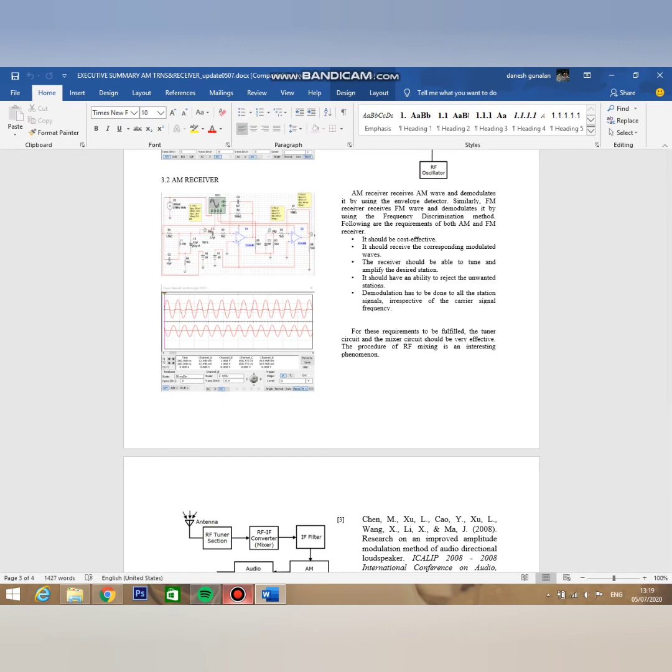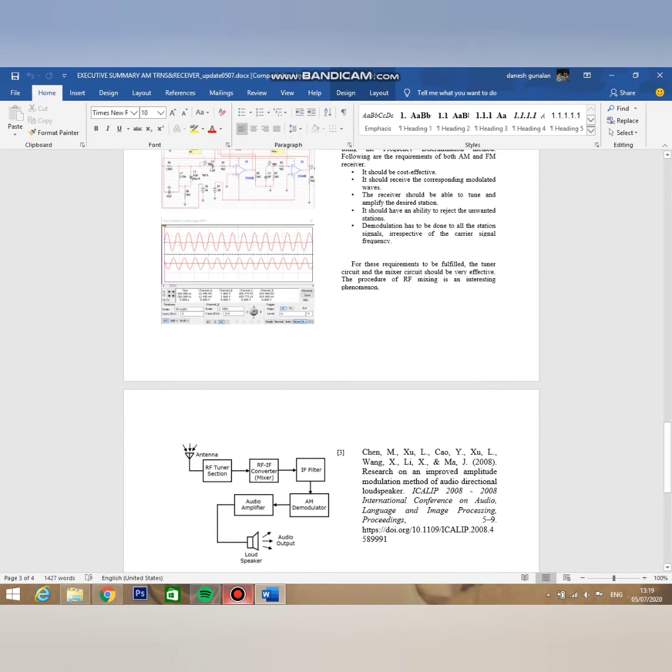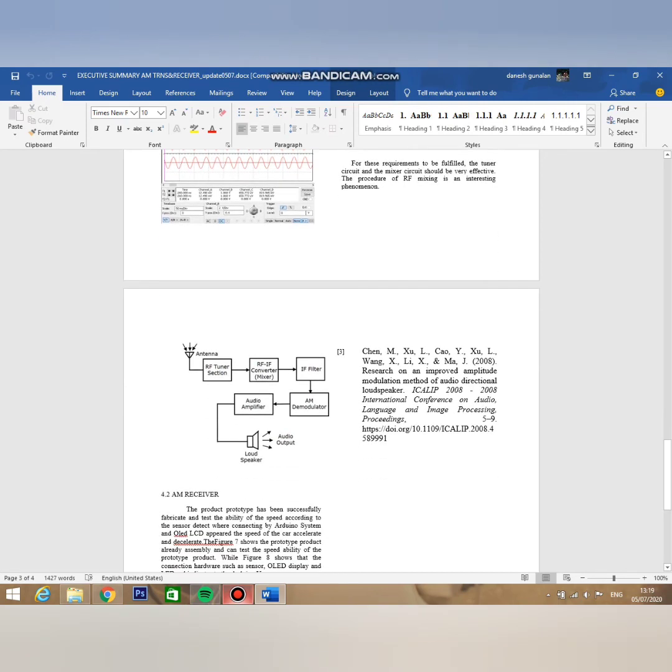It should also be able to tune and amplify the desired station. It has the ability to reject unwanted stations. Lastly, the demodulation has to be done to all station signals irrespective of the carrier signal frequency. For these requirements to be fulfilled, the tuner circuit and the mixer circuit should be very effective. The procedure of RF mixing is an interesting phenomenon.